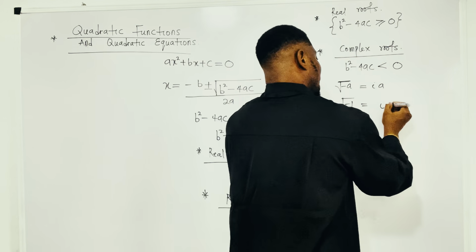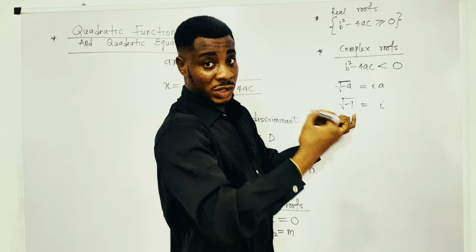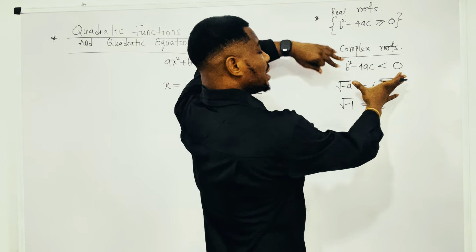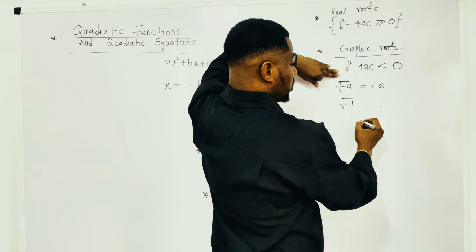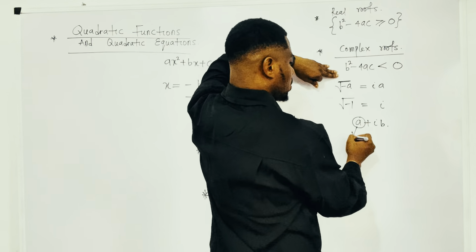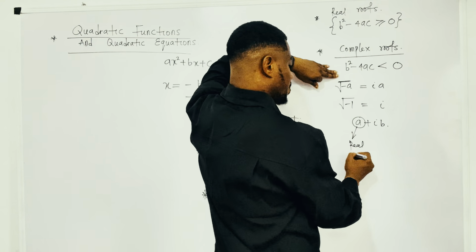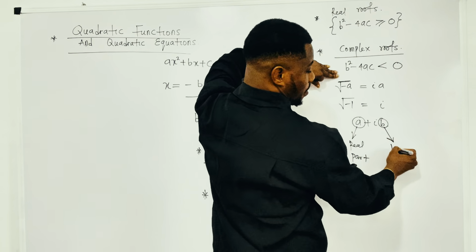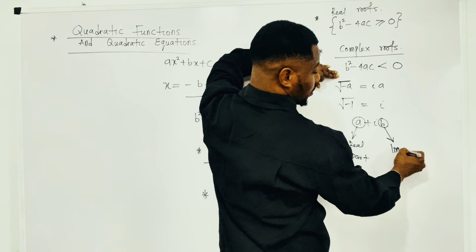It becomes i, or you can say j. So the kind of roots we'll have here is a complex root of the form a plus ib, where a is called the real part and b is called the imaginary part.